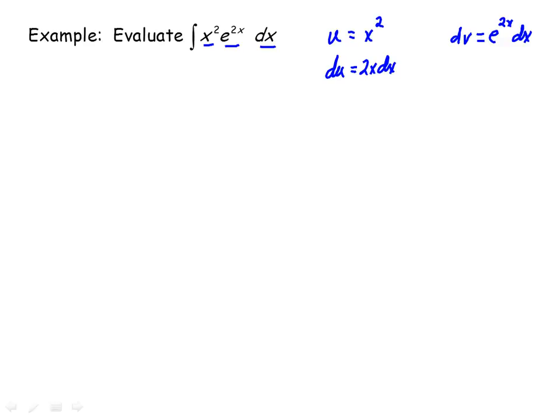But that's as long as u is just x. Because if u was just x, you just get a 1, it doesn't matter. We talked about that Monday. But it's not. u is equal to 2x.